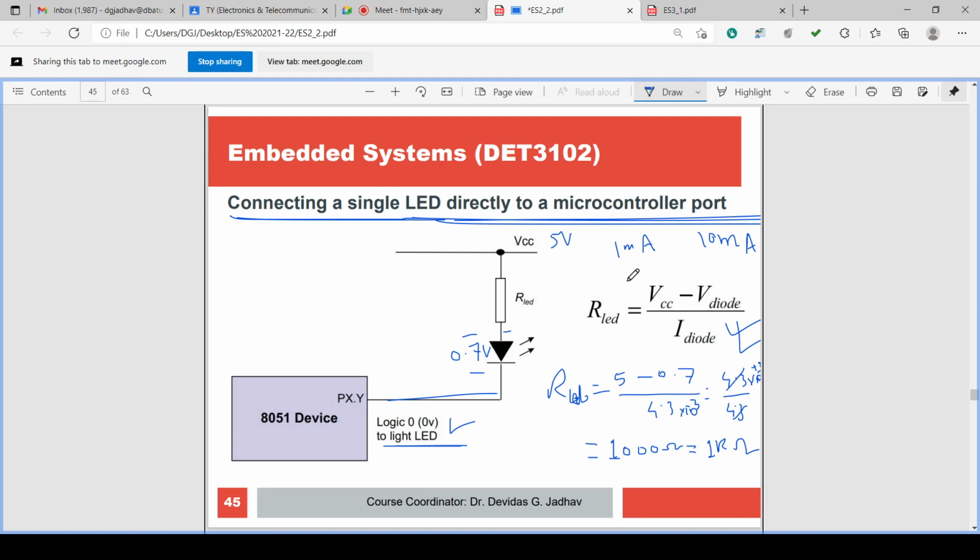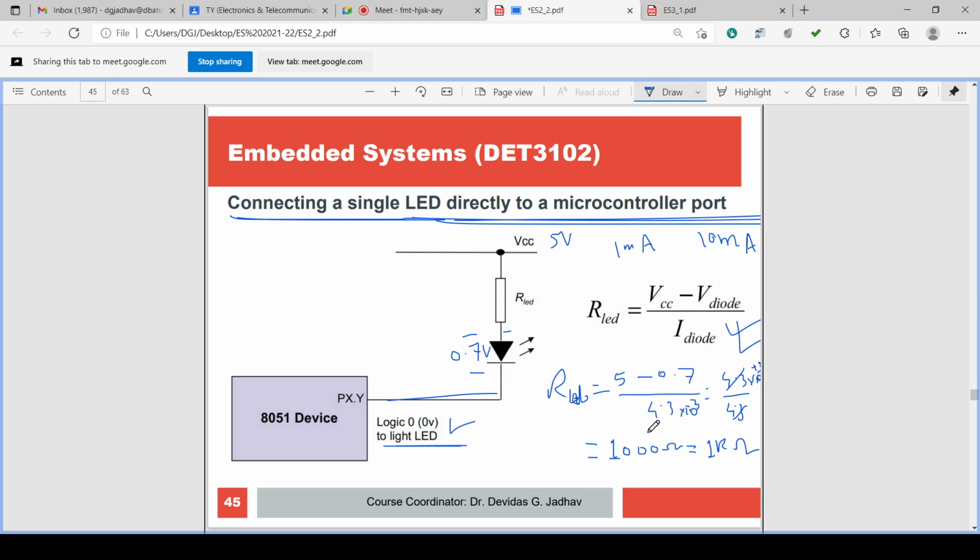So 5 minus 4.3 divided by accordingly, we can have 8.6 milliampere. So it will be 500 ohm, 0.5 kilo ohm. So this is the design of the resistor connecting the LED to the port.